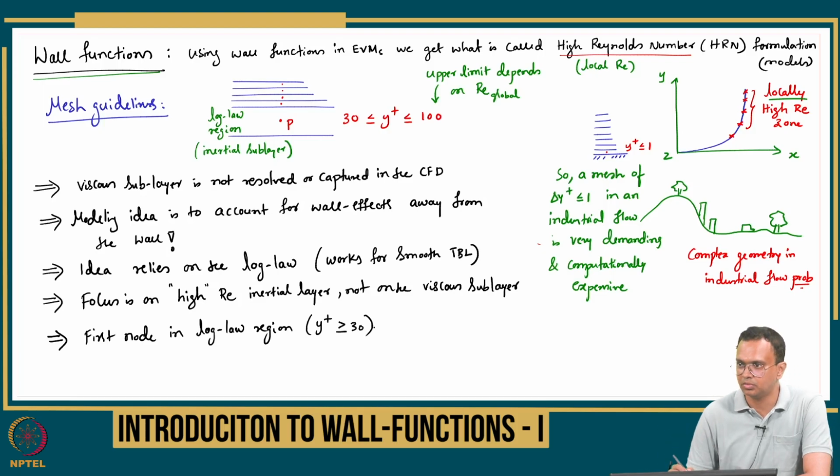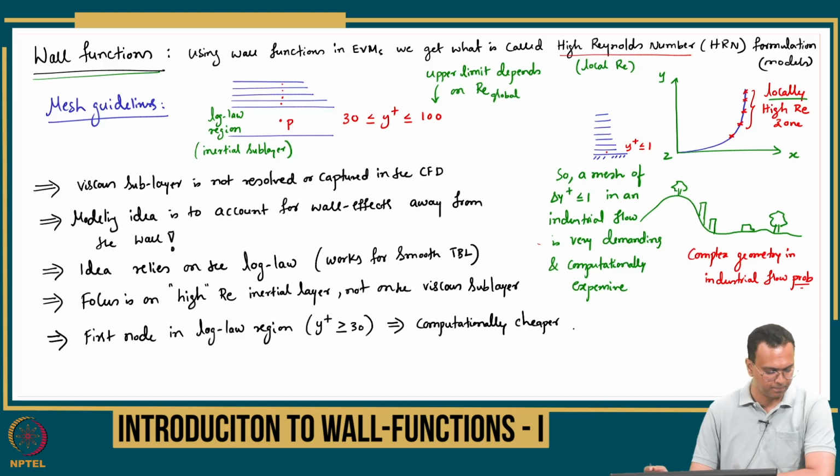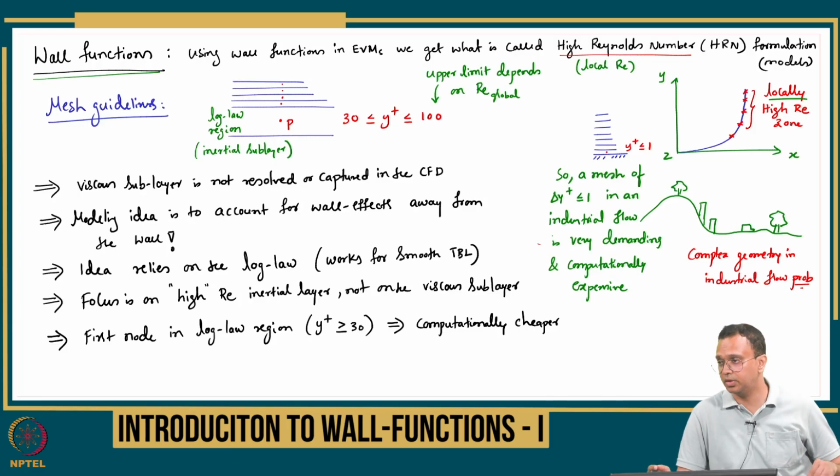How high you want to go depends on your Reynolds number. The higher the global Reynolds number you have, you can push the y plus value above and above. Okay, at least it should be above 30. Okay, so it's computationally cheaper. Okay, so we will see how we are going to do this, how we displace the effect of the wall away from the wall.